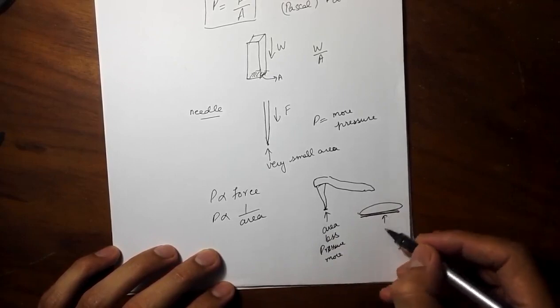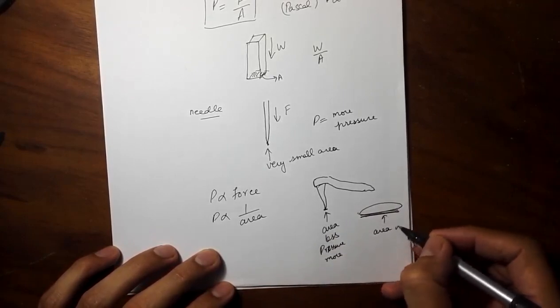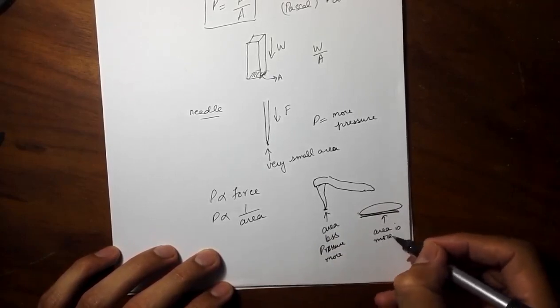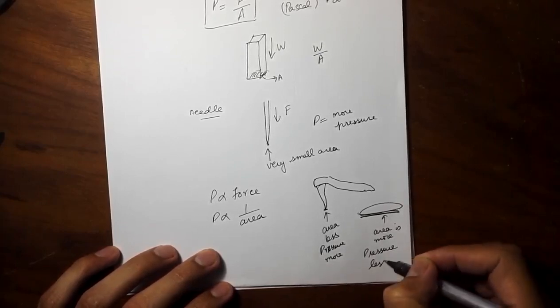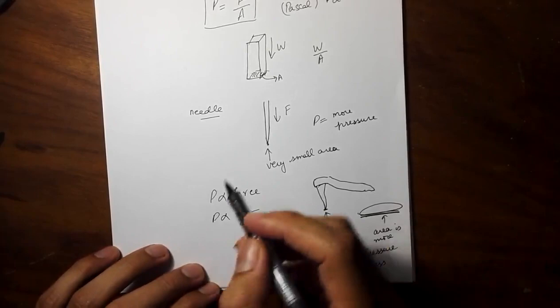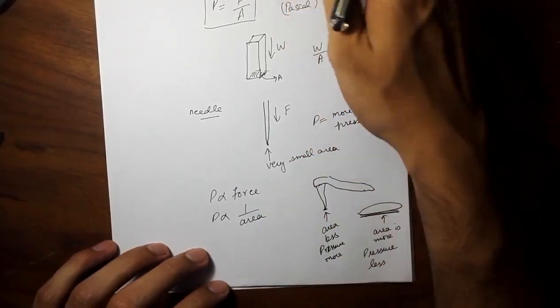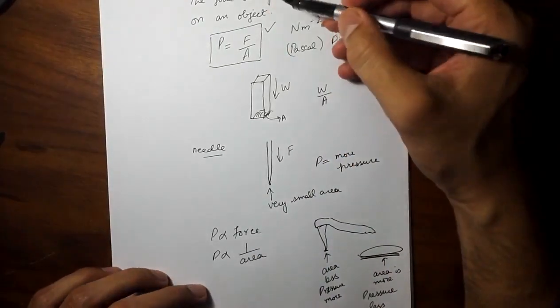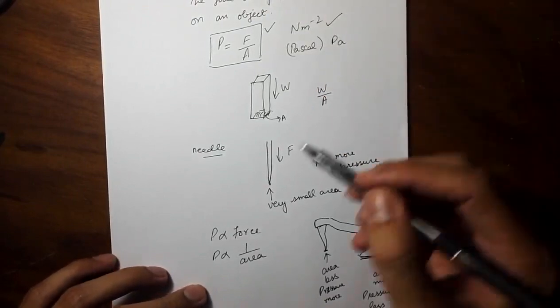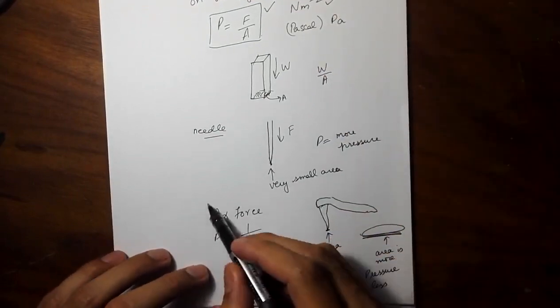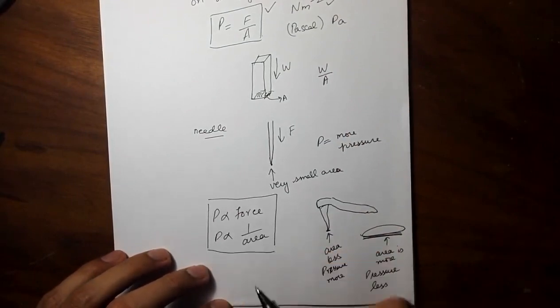And here area is more, pressure will be less. So in solids, you should keep this formula in your mind: pressure is equal to force over area, these units in your mind, and this relation of pressure with force and area.